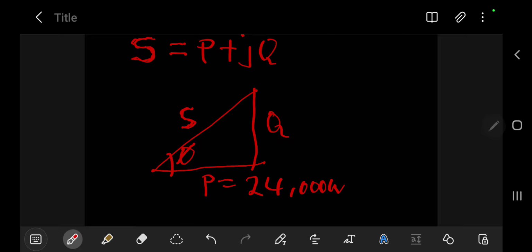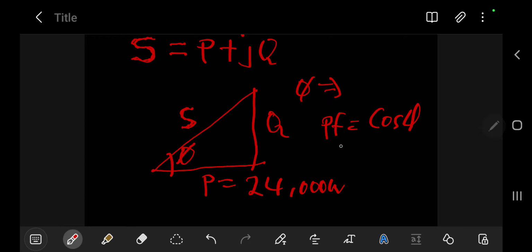Oh, sorry, I mean phi. Phi is the angle between the complex power and the real power. We can obtain this phi from the power factor, which is equal to cosine phi. We have been given the power factor, which is 0.8 for load 1.